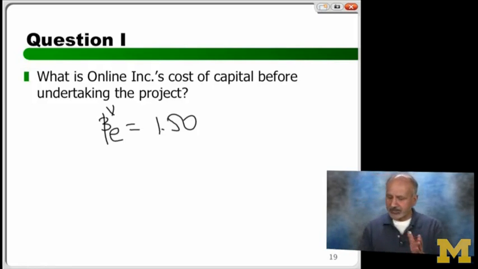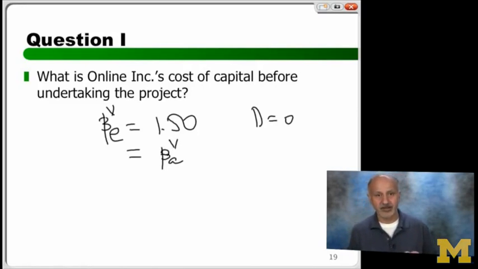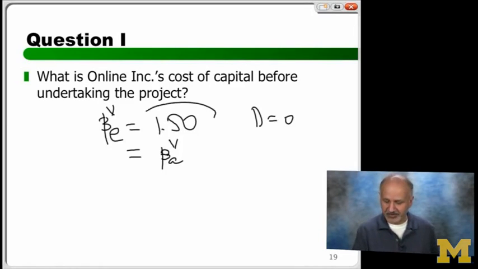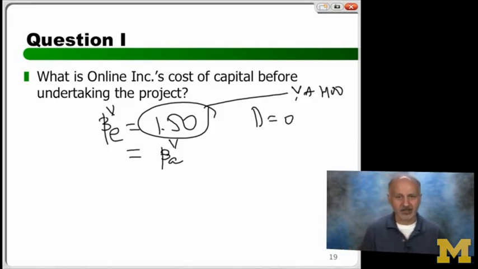Just telling you that D is equal to 0 makes you say this is also beta asset video gaming. Is this clear? This is just mental. You don't need to do calculations. And where did you get this number from? Yahoo Finance, or do it yourself, or if you don't have the time, Morningstar.